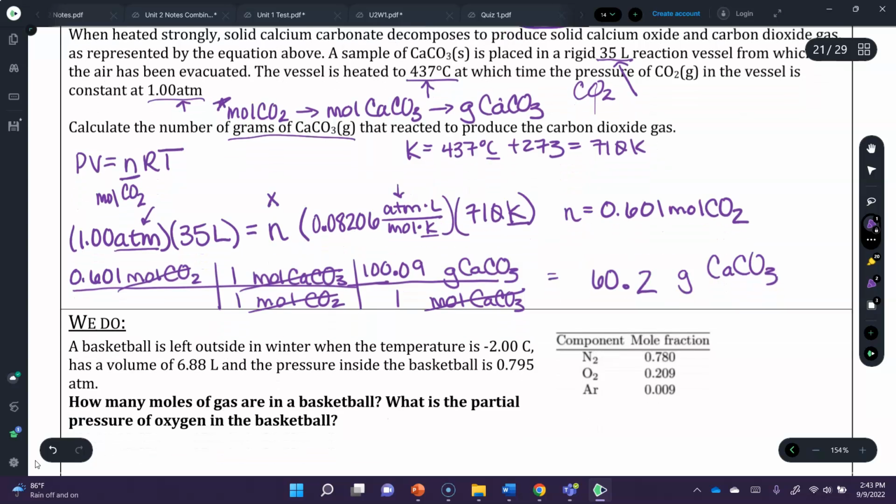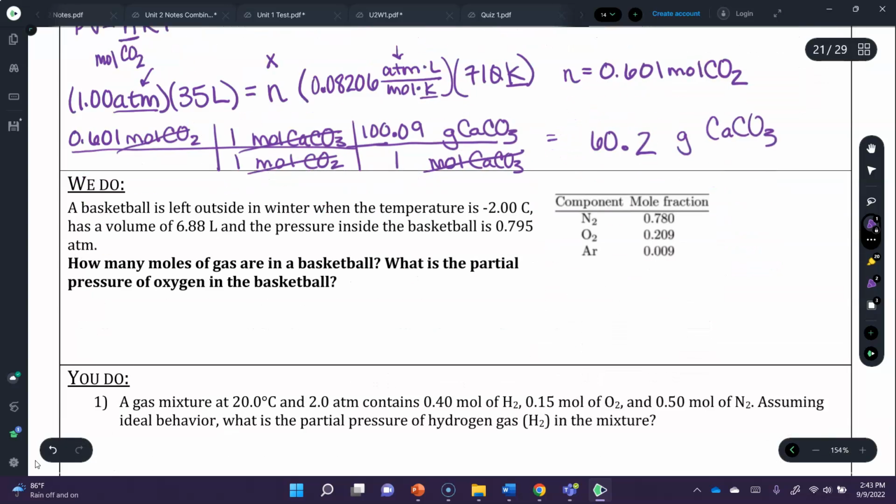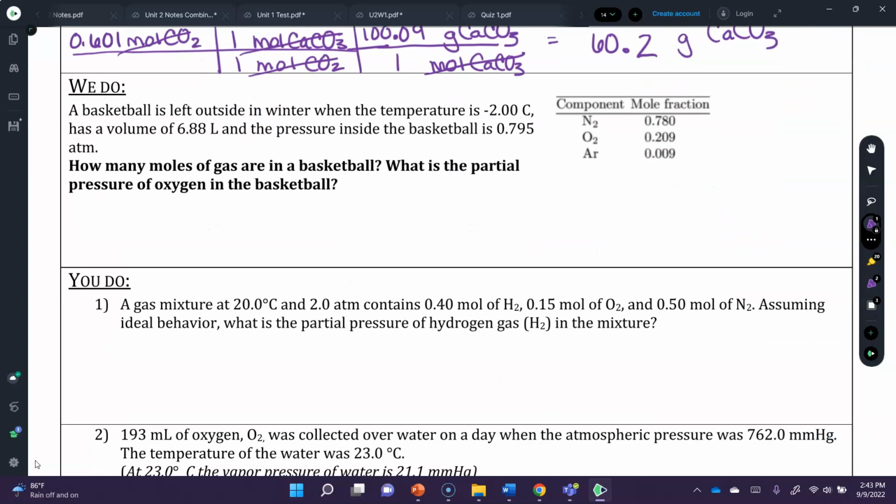If we move to our you-dos, we're going to use the ideal gas law again here. So a basketball is left outside in winter when the temperature is -2 degrees Celsius. And it has a volume of 6.88 liters, and the pressure inside the basketball is 0.795 atmosphere.